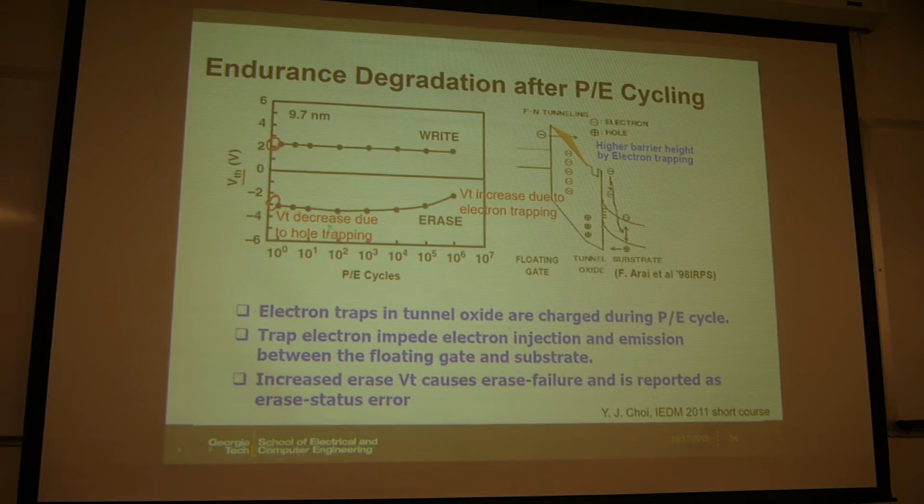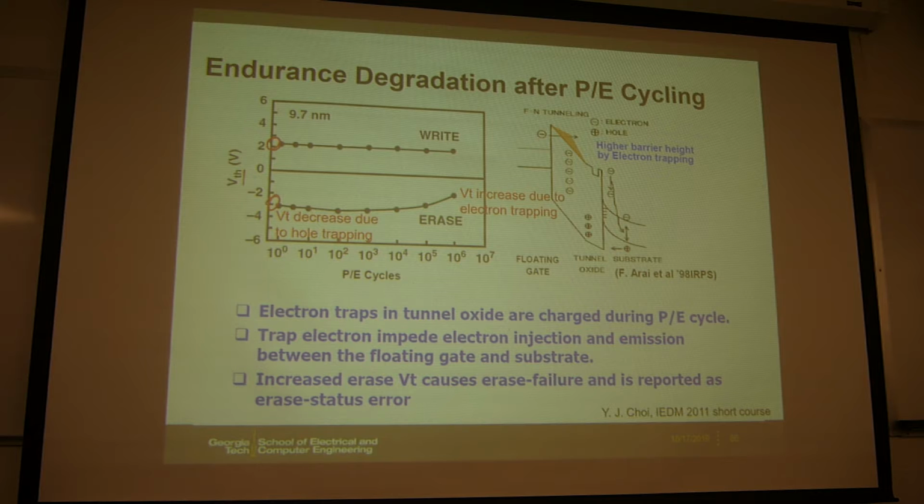And then after that, you will see that the final trend is the erased state VTH will increase. That means what? That means you cannot erase the cell completely. You can only partially erase, because if you erase the cell completely, then it will go to negative 3 volts. But right now you can only get maybe negative 1 volt. So you cannot fully erase.